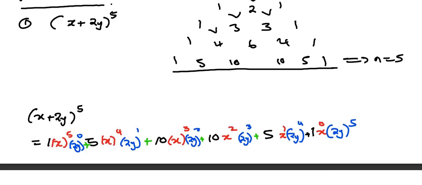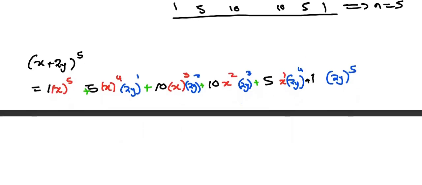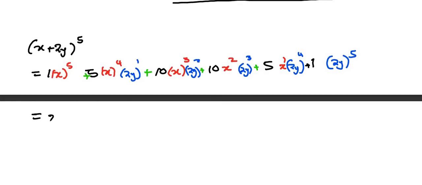So you notice the first term is decreasing in terms of the powers from left to right, and the second term, which is in blue, is increasing from left to right. Now the portions that have 0 as the powers, there's no need to actually show them. We can just omit them. So these parts don't have to be shown because we know they won't change anything. Those should be 1s.